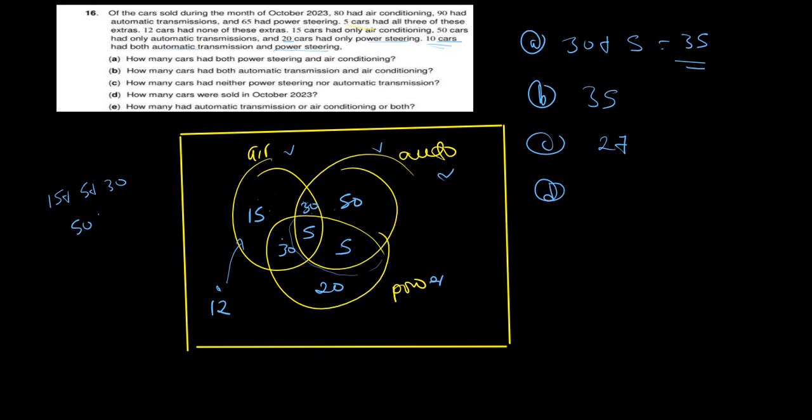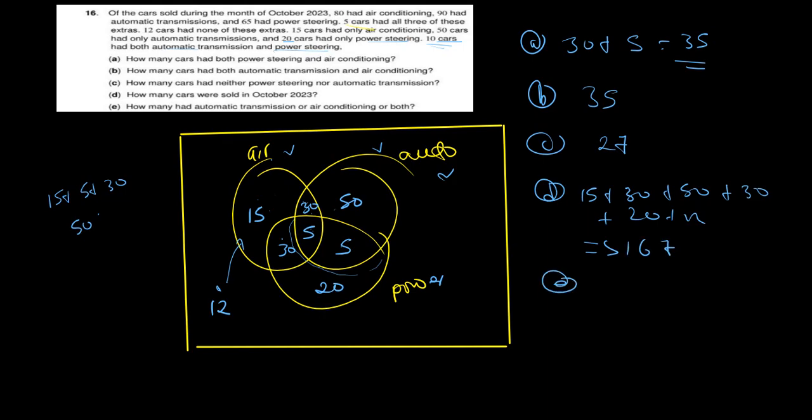Then 12 cars had none of these extras. Alright, so how many were sold? You add everything. So you say 15 plus 30 plus 50, plus 30 again, plus 20 plus 12. So this will give you a total of, let me punch on my calculator. Okay, that gives me 167, like that.